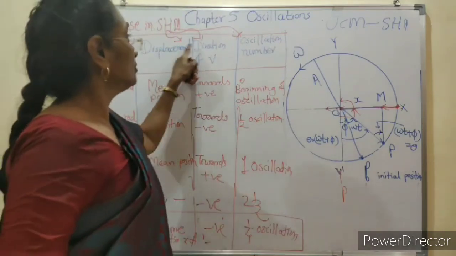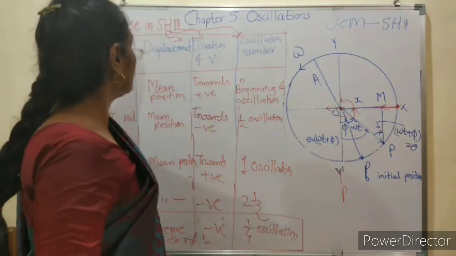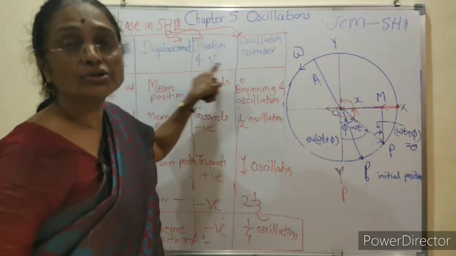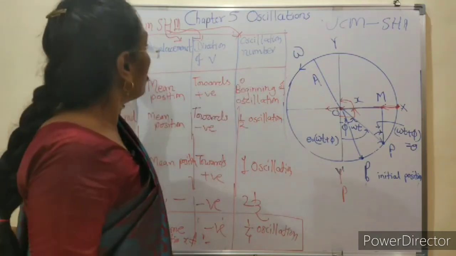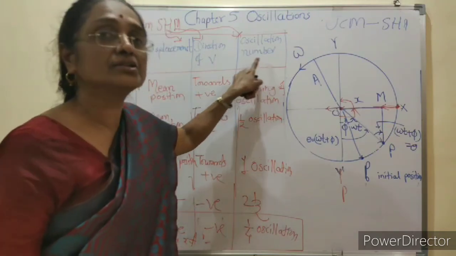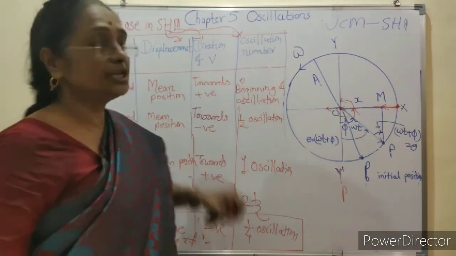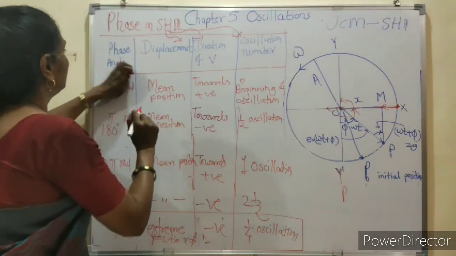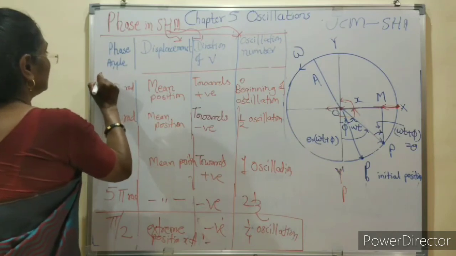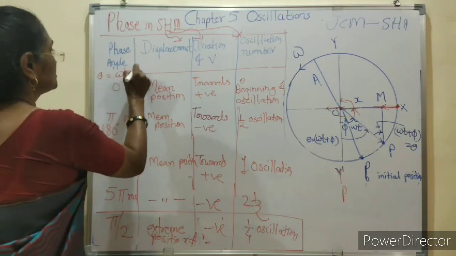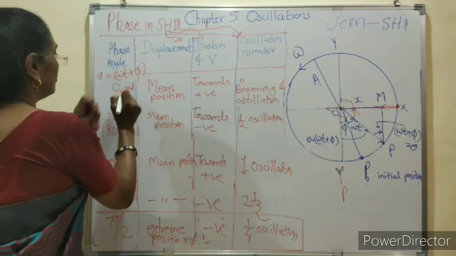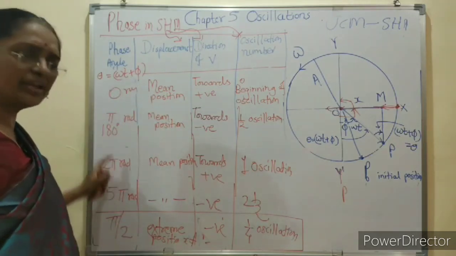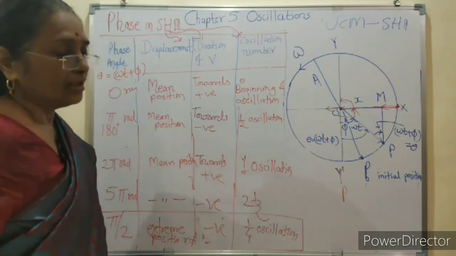Only 2 cannot describe the phase. Only 1 point in these 3 cannot describe the phase. All these 3 points simultaneously describe the phase in SHM, and it is given by the angle theta. Theta is equal to omega t plus phi, and it can have various values like 0 radian, pi by 2 radian, any value.